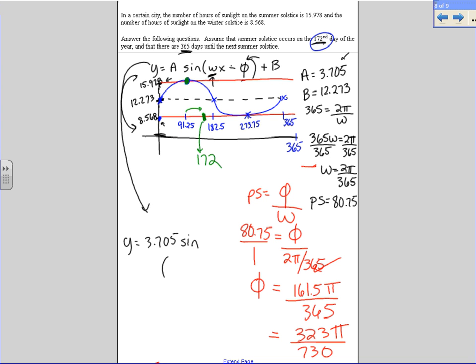Look back at what omega was: 2 pi over 365, so 2 pi over 365 times x, minus phi, which was the hardest one to find, 323 pi over 730.